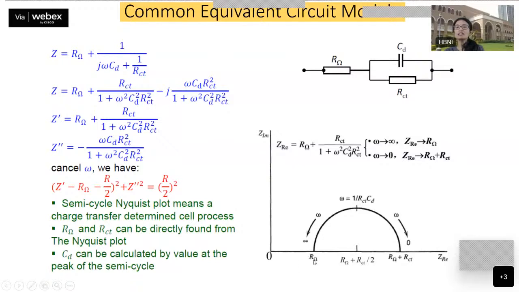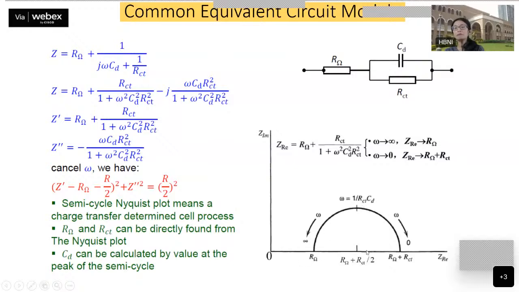This value is nothing but the entire resistance because of the electrolyte solution you have in the cell. The cutting point over here is an addition of this resistance plus the resistance coming with the charge transfer, and this height is giving you your capacitance value.